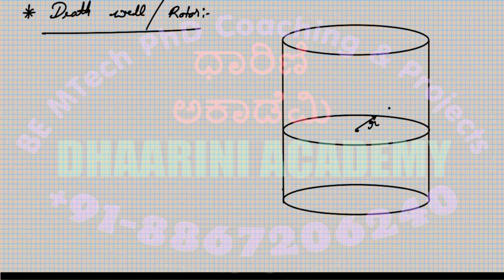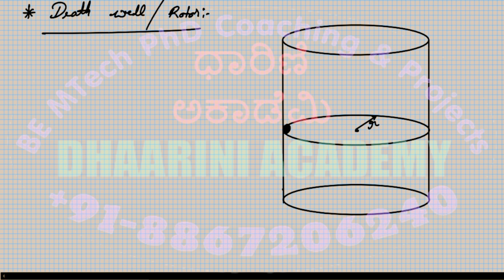This is the radius denoted by r. Now let me assume that the vehicle is at this point. I'll denote the vehicle by a circle.